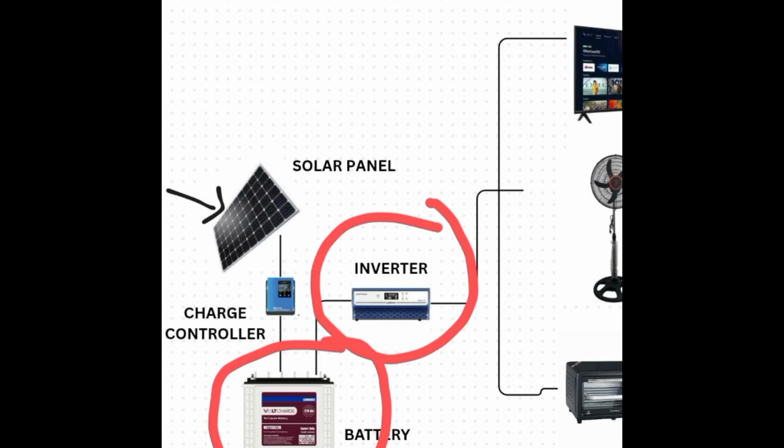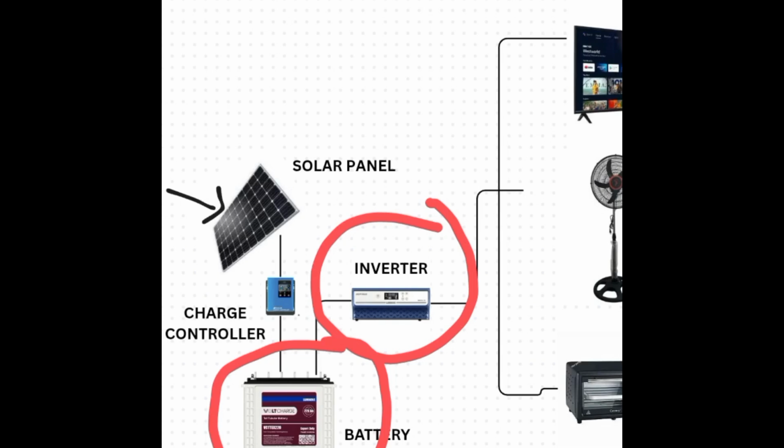So, in the solar world, batteries are actually precious. Why? Because they help us store up energy for times when there is no sun. On days where there is no sun, during the night and on cloudy days, your batteries will come to your rescue.